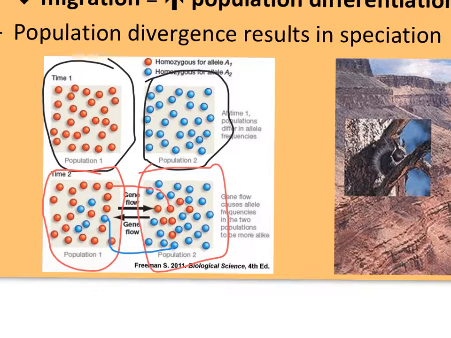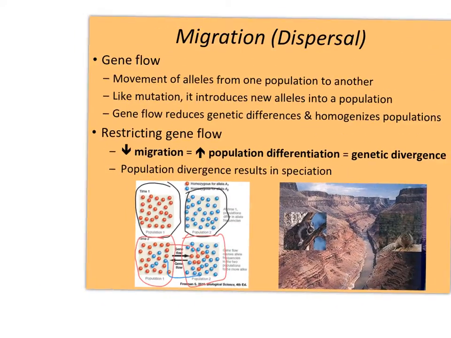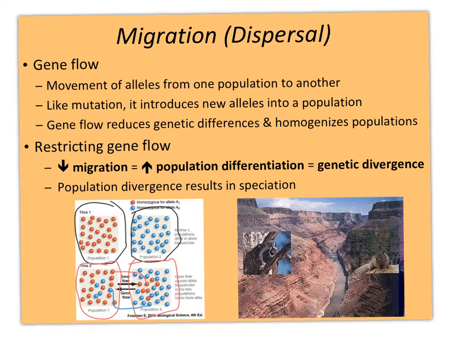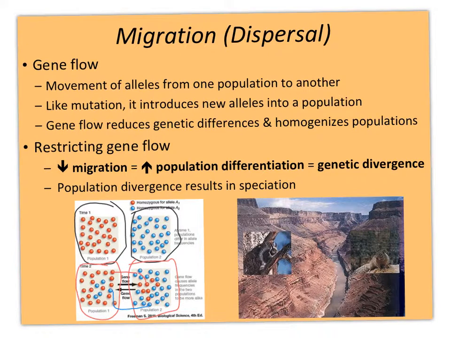Okay. Now, let's say you have a population over a large area, and you put a barrier between one side and another. That will restrict gene flow.